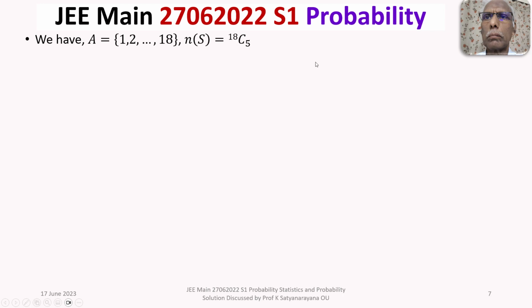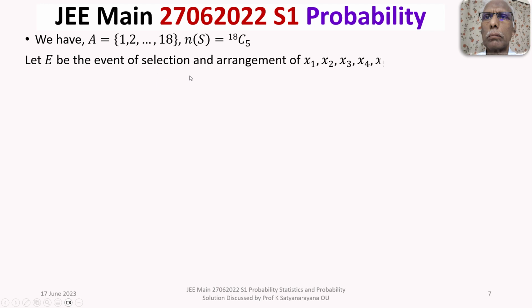Now what is the event? Let E be the event of selection and arrangement of these numbers x1, x2, x3, x4, x5 from A with x2 fixed as 7 and x4 fixed as 11.